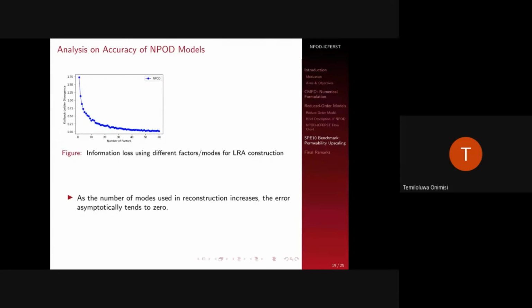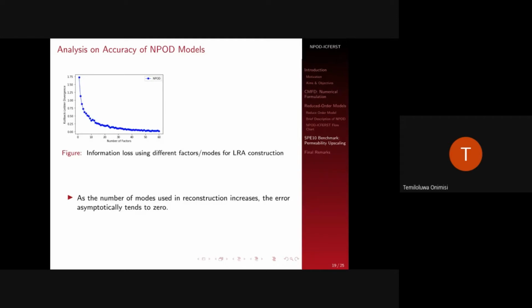Now the first step, like what I described in the flowchart, was to analyze our NPOD, analyze the low rank approximations before remapping them for simulation. So for the data set extracted from layer 20, the NPOD model was used to decompose the data set and generate low rank approximates.